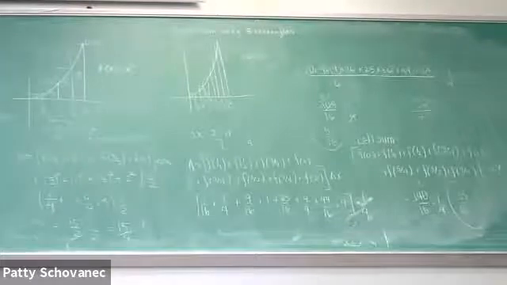And so what I do to make my right sum is I start with f of 2 over n, then I add f of 4 over n, until I get out to f of 2k over n, and then I keep going until I'm finally at f of 2.